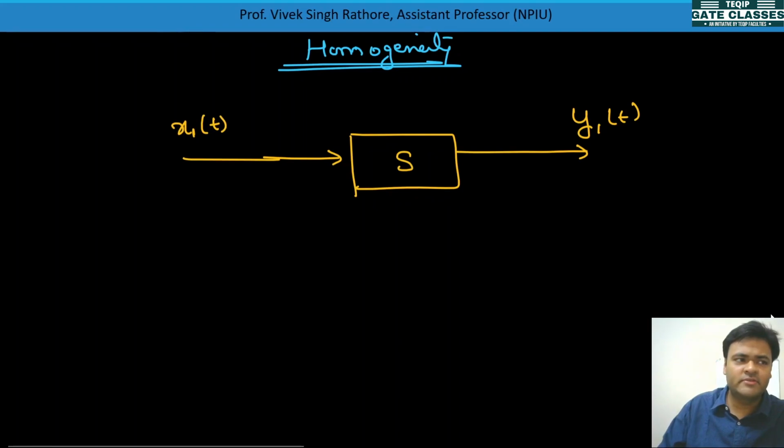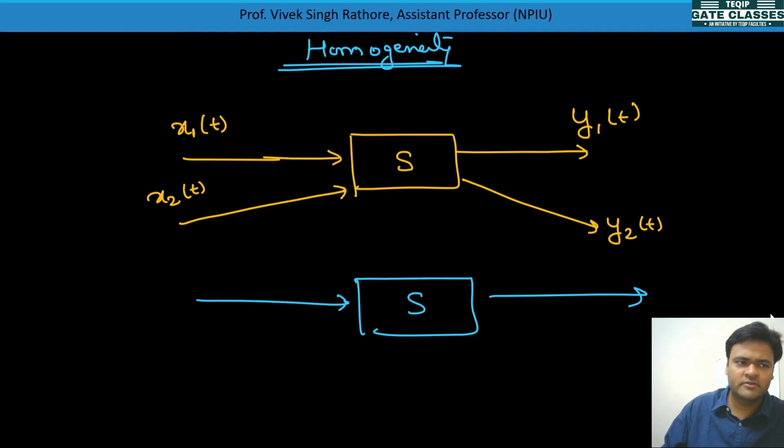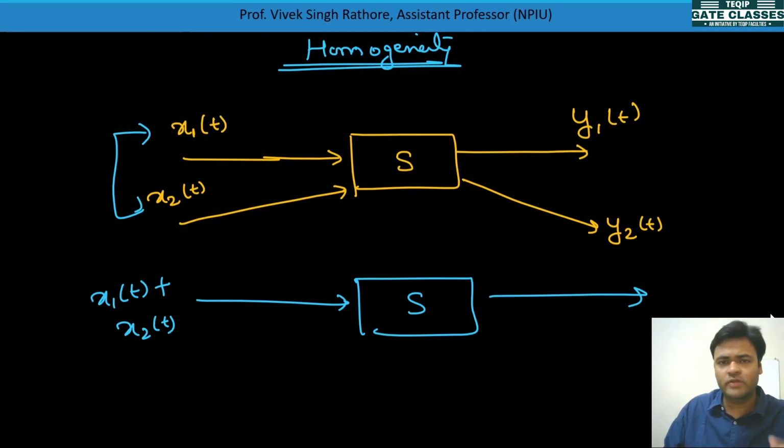Now for the same system, if you are applying x2(t) and you are getting output y2(t), and now you apply x1(t) plus x2(t), which means you are combining both signals and giving them as input to that system.